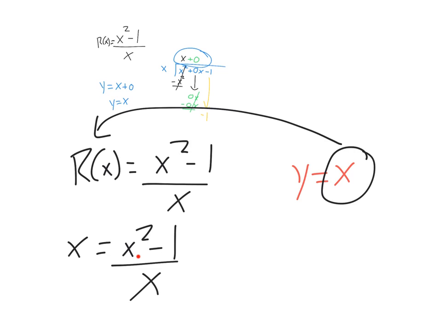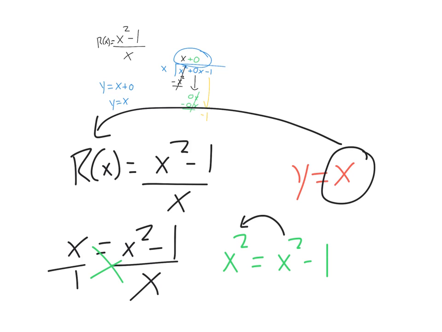Now I have a fraction equal to x. So I'll put x over 1. Now I've got a fraction equal to a fraction. I cross multiply. x times x is x squared. 1 times all that is all that. Now, let's get our x's on the same side.